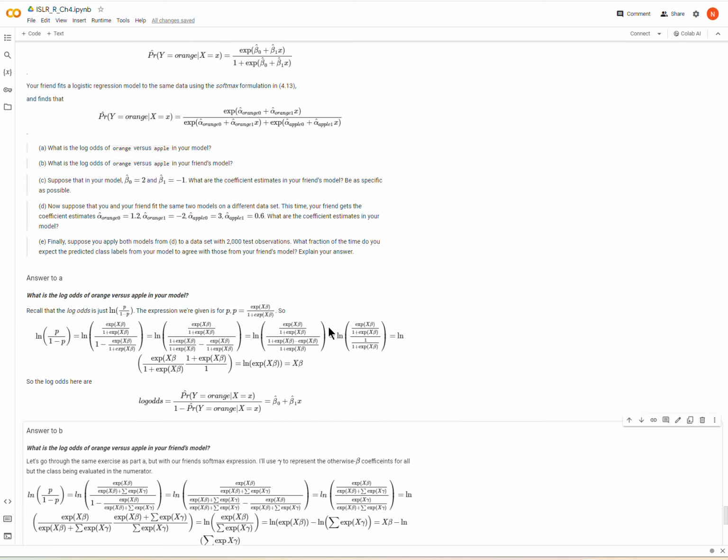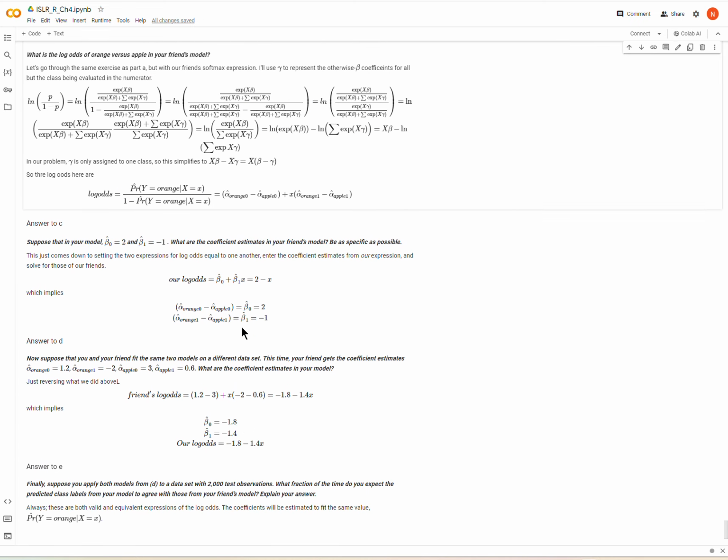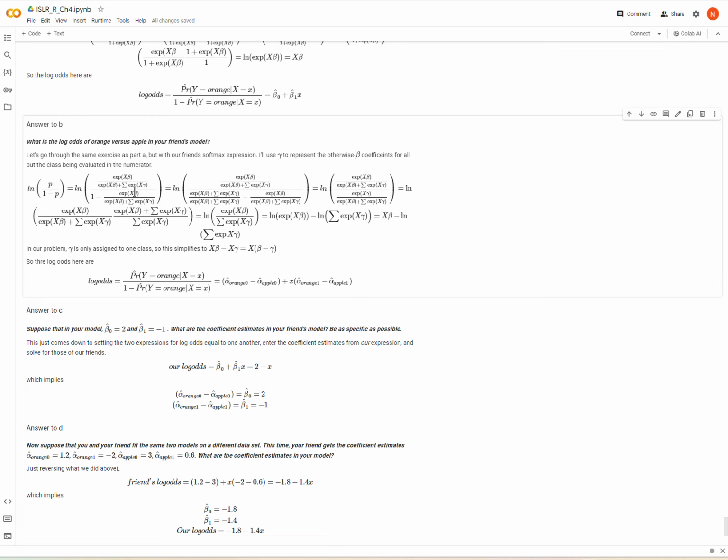With the softmax formulation, we have the sum of all of the linear components of all of the models. The denominator contains both the numerator and then every other linear combination for every other category. Often that's just written as one expression, but here I'm pulling out the part of the big expression that is in the numerator.